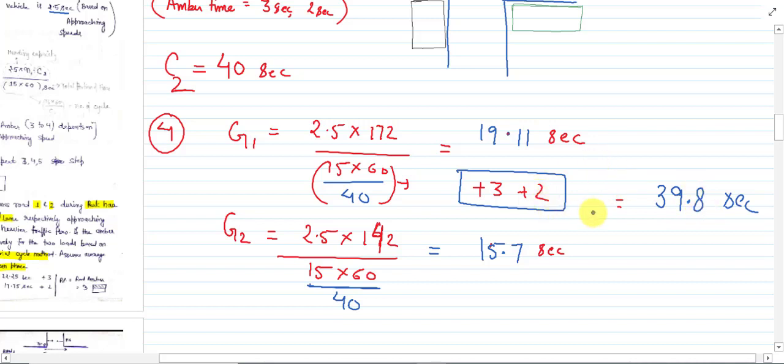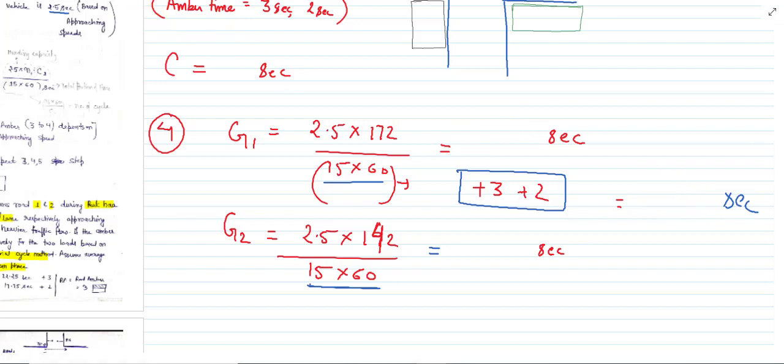But let's take another trial, which is C3. We assume this value 45, which is the average between the 40 and 50 which we assumed in the previous trials.